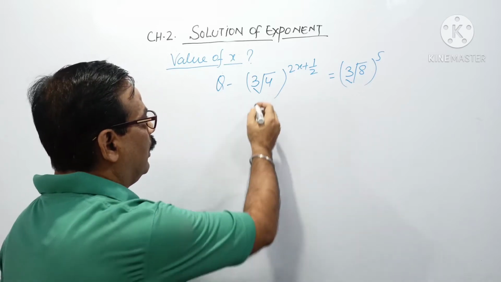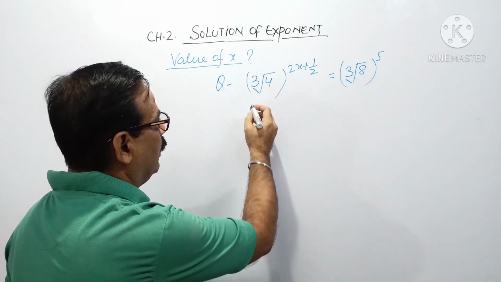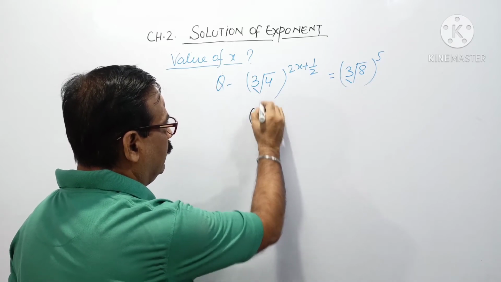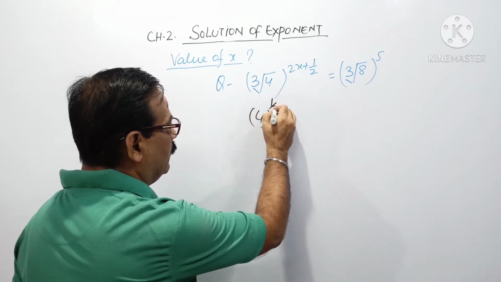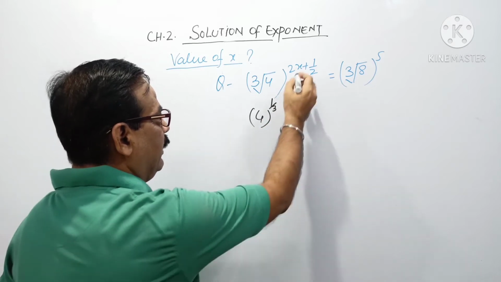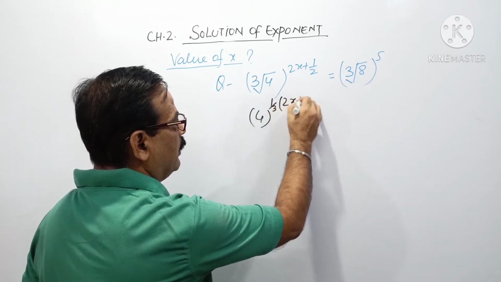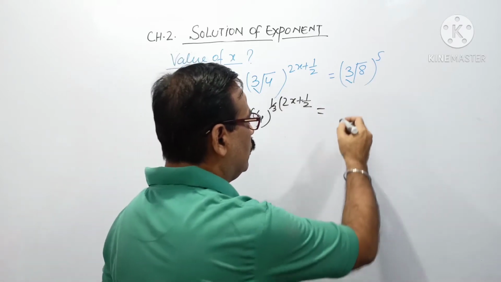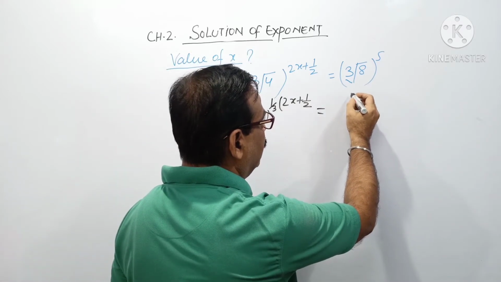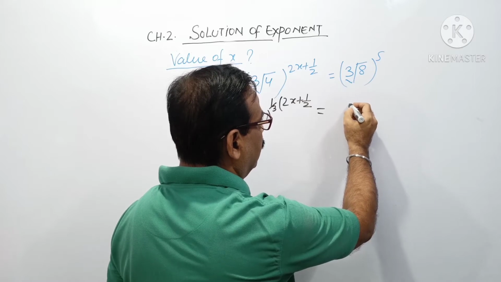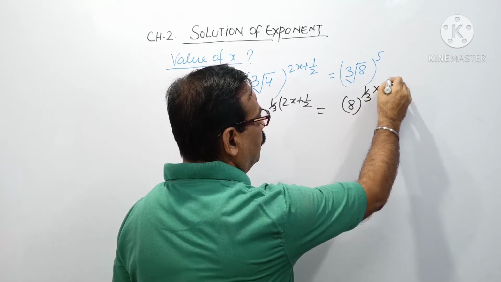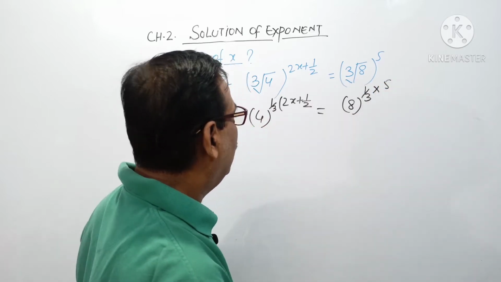As you know how we remove the cube root, we can write 4 to power 1 by 3, and the power given is 2x plus 1 by 2, and on the right side we can also remove it just like on the left side, so we write 8 to power 1 by 3, and here 5 is the multiplied power.